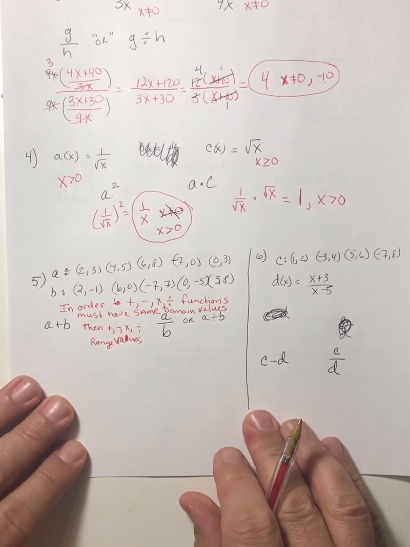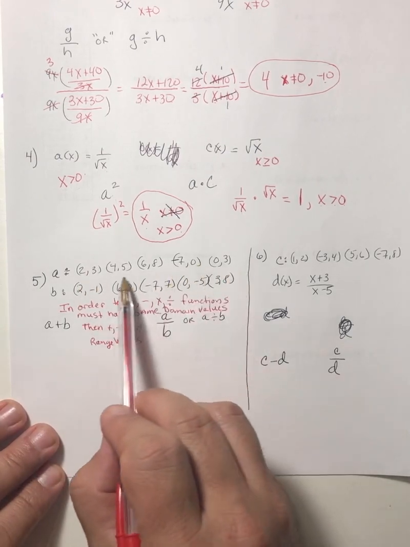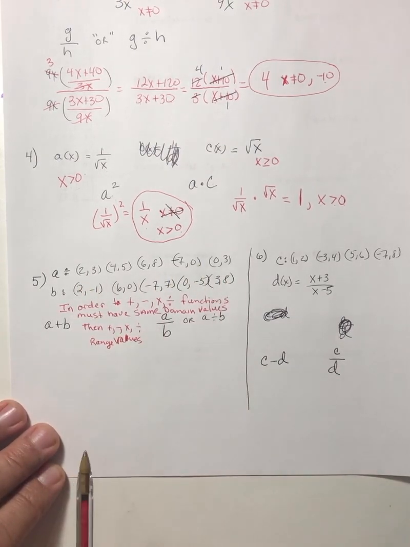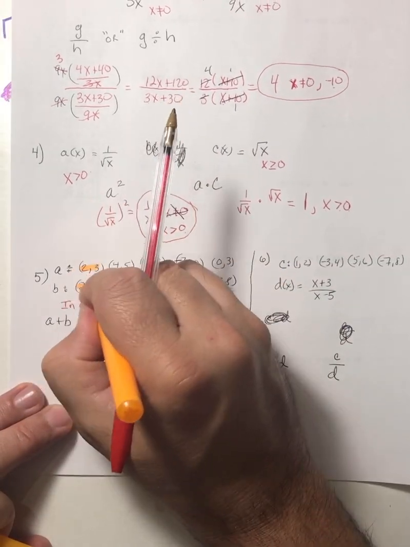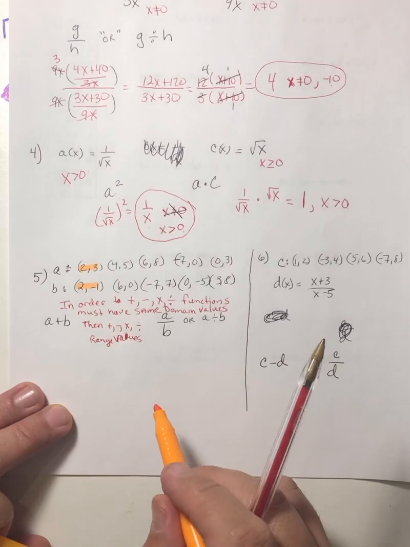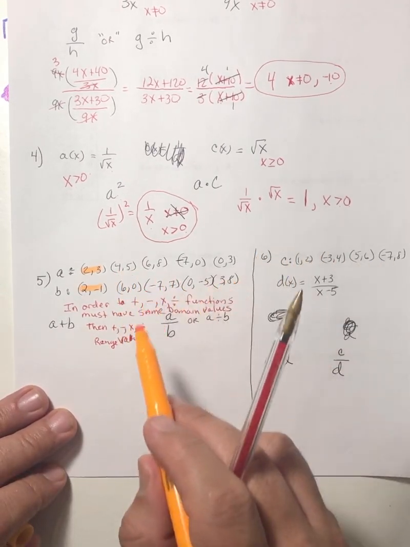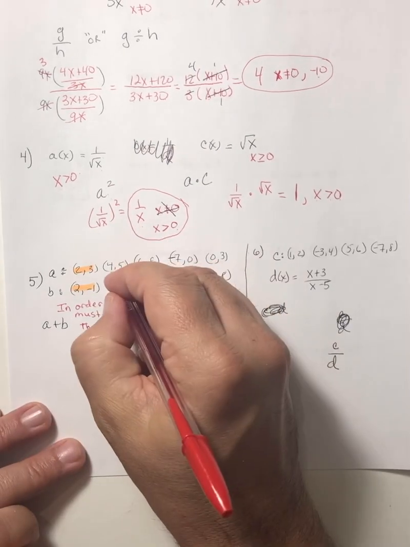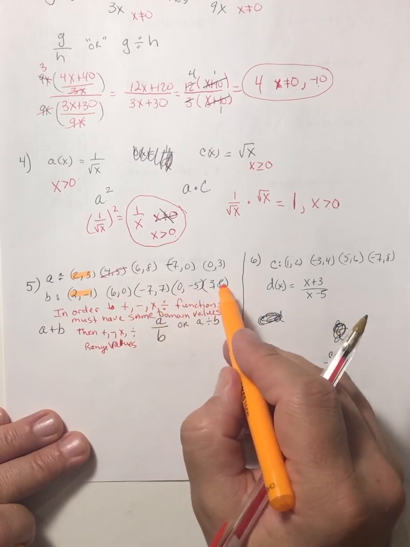So what does that look like? Well, let's look at the list here. What are the only ones that we can play with? I'll highlight them. All right, (2, 3) and (2, -1). Does the 4 match with anything down below? No, it does not, so I'm just going to get rid of it. Does the 6 match with anything down below?